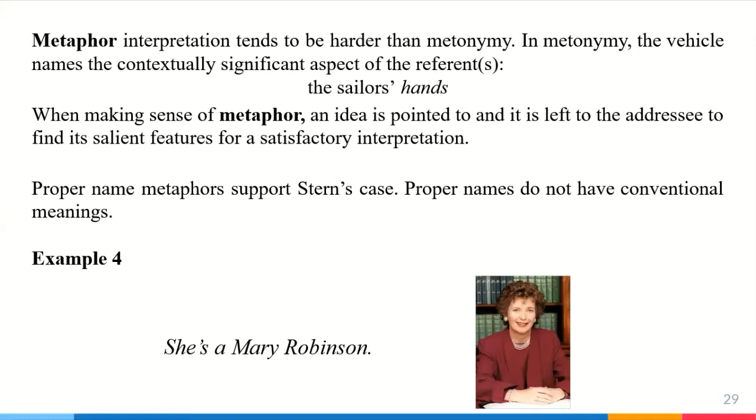Well, out of context, "she's a Mary Robson" could be intended either literally, she's a person who has the name Mary Robson, or metaphorically, she is a person who is similar in some contextually relevant ways to the law professor Mary Robson, who was president of Ireland, the woman in this image.